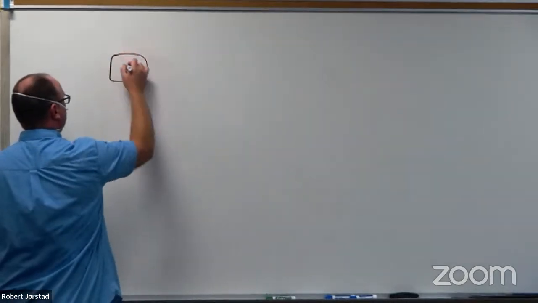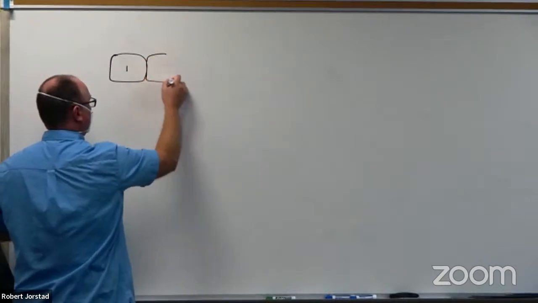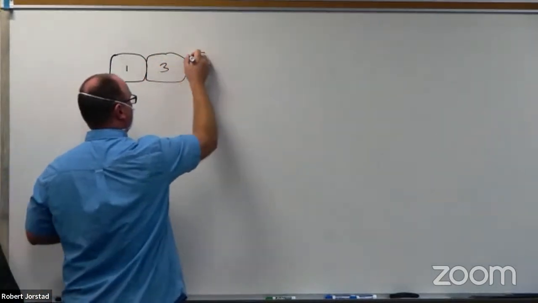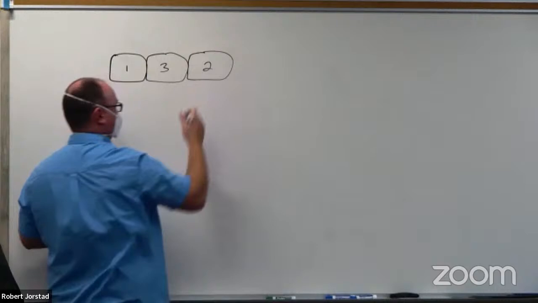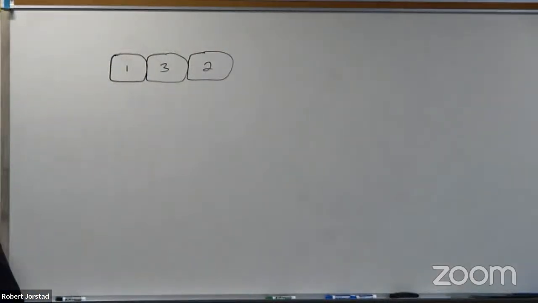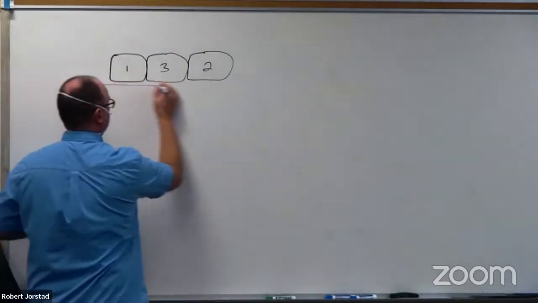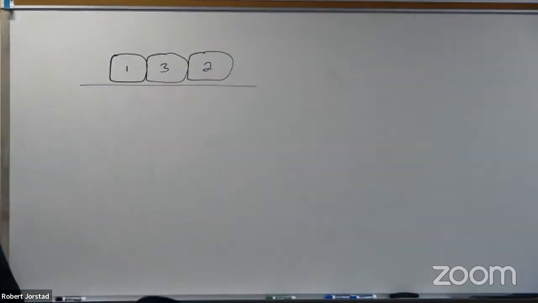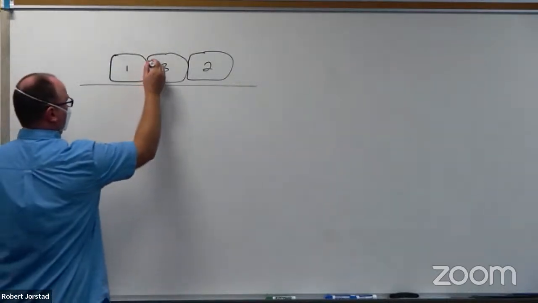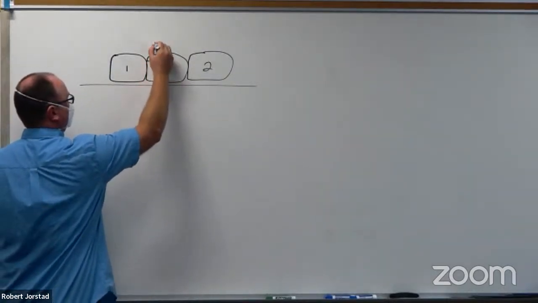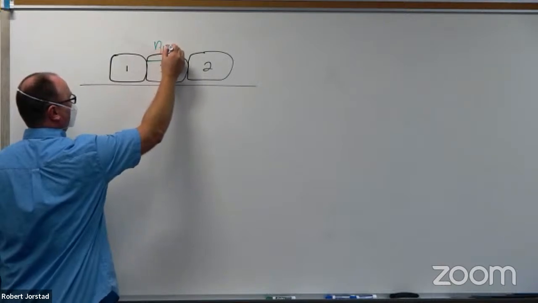Now we're going to put a block in between them. 1, 3, 2. In this case, and there's a floor here, I think. Now we know between blocks 1 and 3, there's going to be a normal force of 1 on 3.